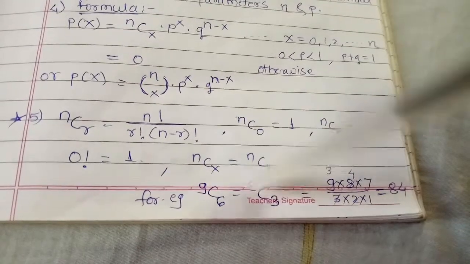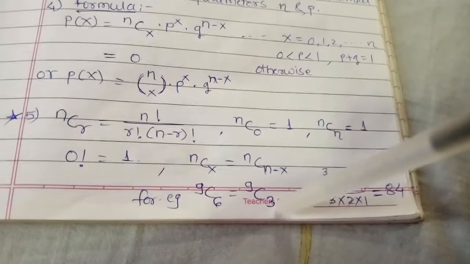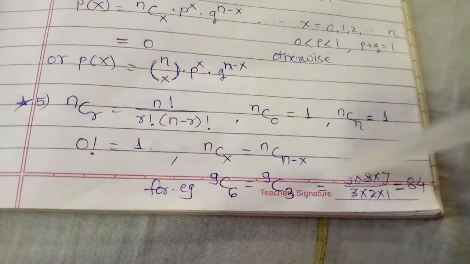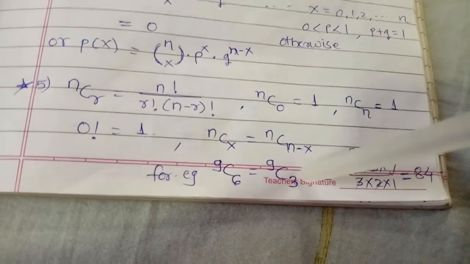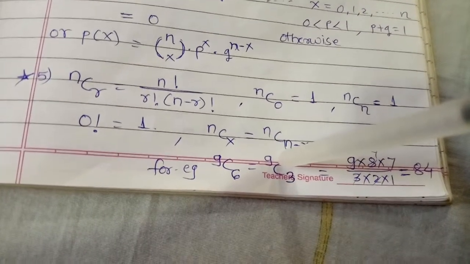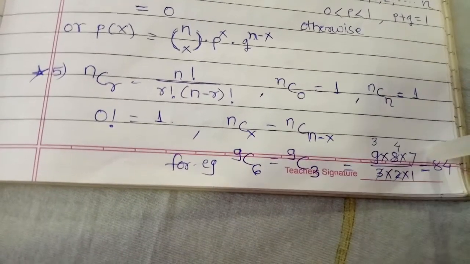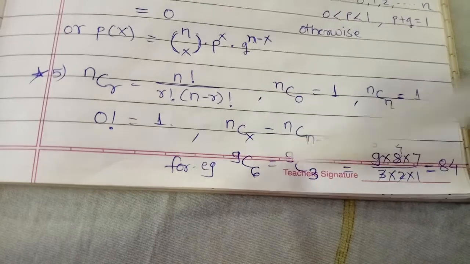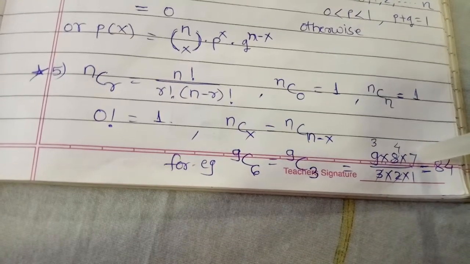Both are the same, that is 9C6 is equal to 9C3, and now we can solve it easily. 9C3 we can solve like this: you have to write down 9 and then 3 steps behind, that is 9, 8 and 7.